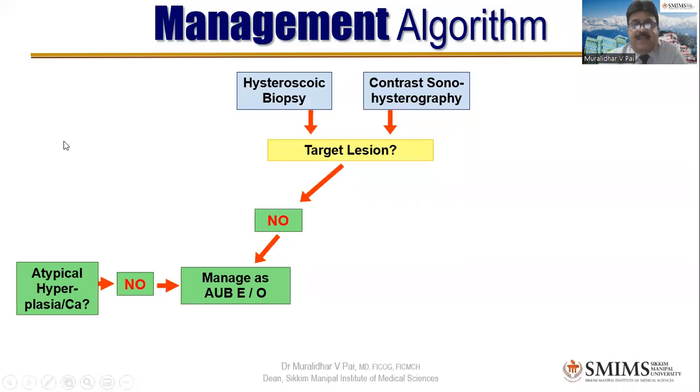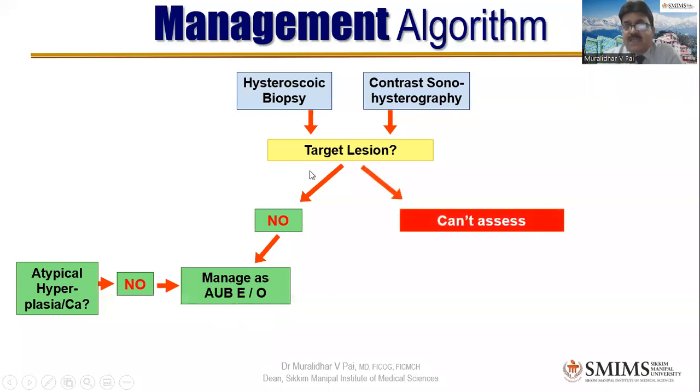So if again here you have come from the previous slide, I have already shown you that atypical hyperplasia is not there. Again, it is managed as AUB-E or O. Suppose the target lesion you could not assess properly. Here it is clearly no, but here you could not assess properly. That's the time you go for an MRI.